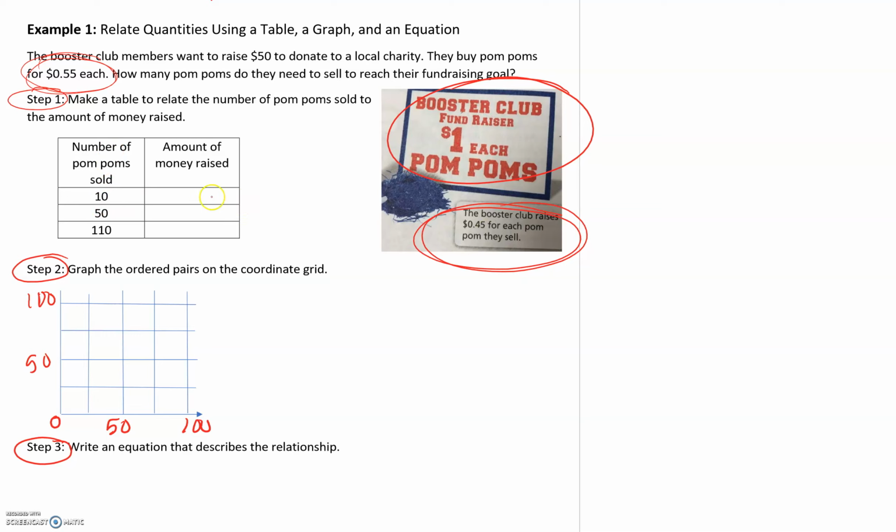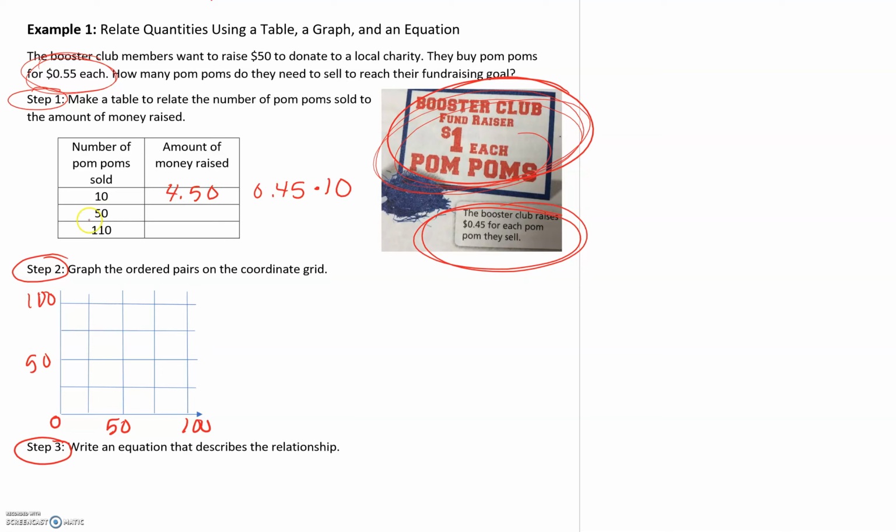I don't want to multiply 10 by my $1. I want to multiply my 10 by 0.45, because that tells me what I'm actually making off the pom-poms, not just the sales. So 0.45 times 10, and I'm going to raise a total of $4.50.